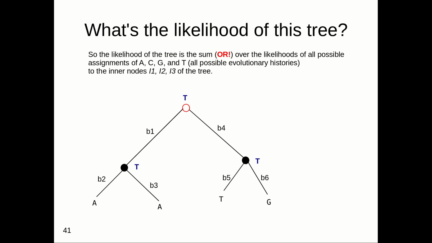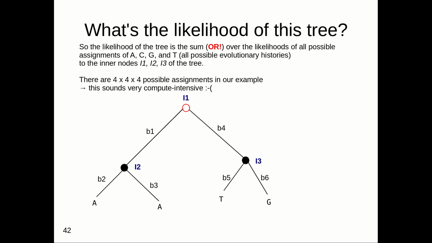So I just need to enumerate, in a naive way, all possible assignments of nucleotides to those three inner nodes, compute the likelihood for each of those assignments, and then just build the sum over those likelihoods for all distinct assignments, and I get the overall likelihood for that tree.